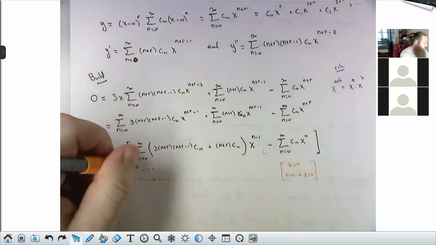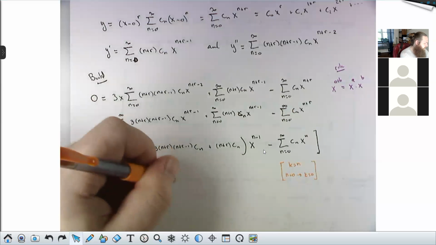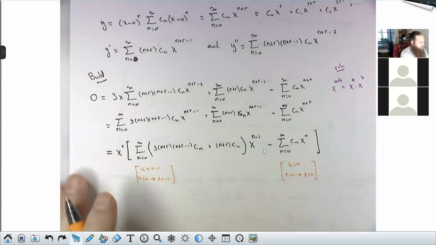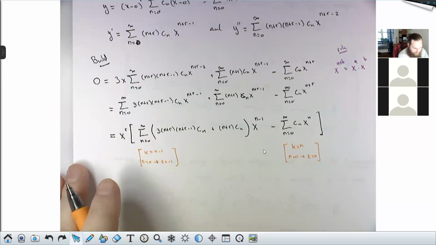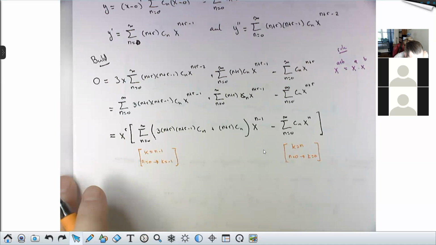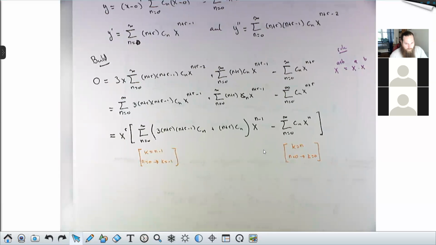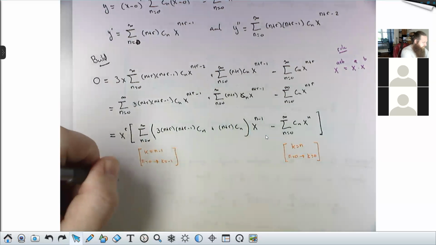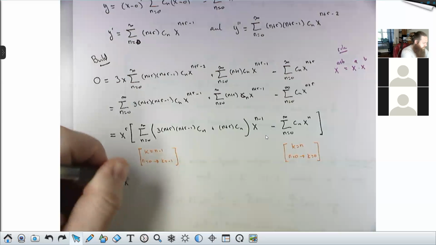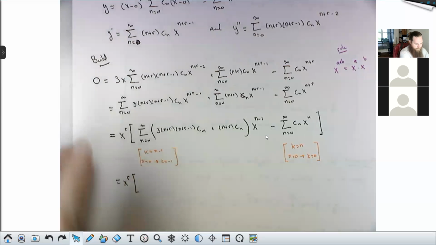We saw the Laurent series the other day. A negative index in a power series is not necessarily a bad thing, but it's not a power series anymore. It's a Laurent series. But I'll show you how to handle it. We're just going to pull a term out. It just means that this one is going to have an extra term compared to this one. That extra term is going to be a 1 over x term. So when I do this combination, I'll get x to the r times.